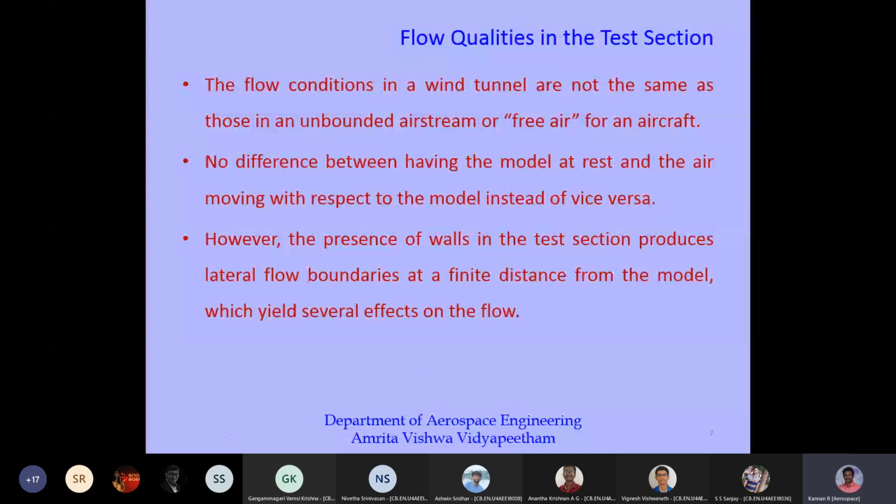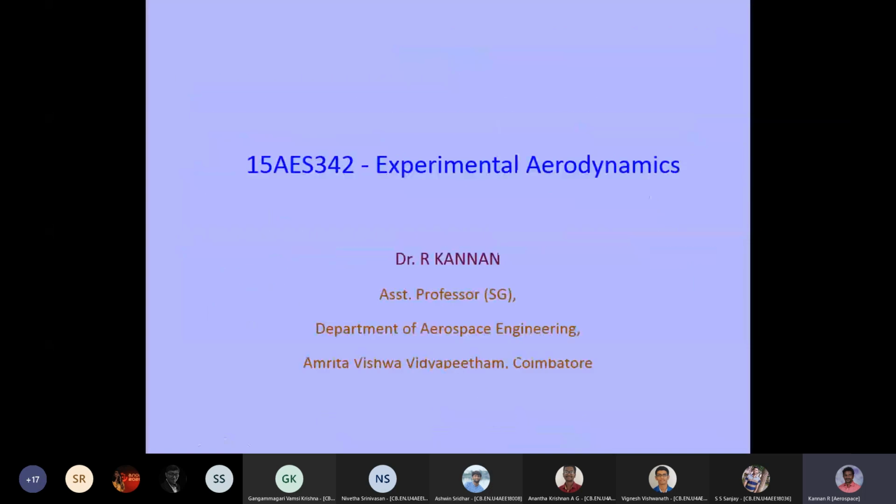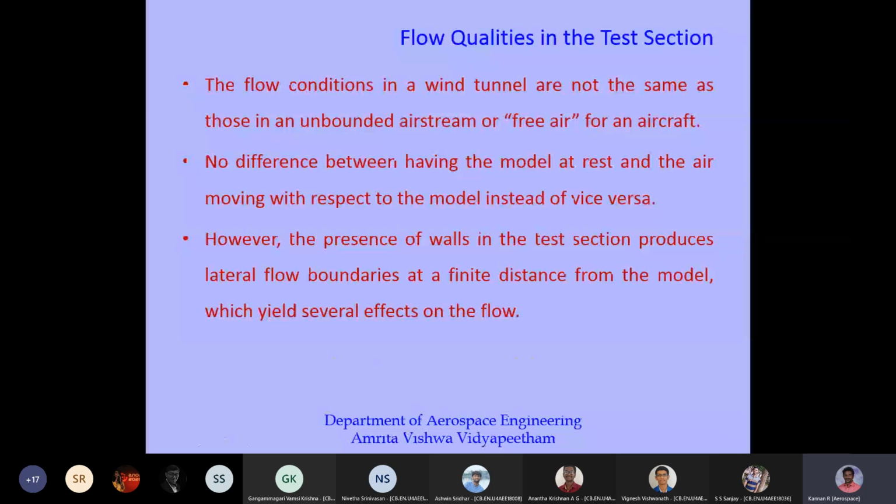So until now, we looked at how a settling chamber, how the honeycomb section is going to be there. Where are you going to place your wire mesh screen? And because of the wire mesh screen, how is it going to be? Why do you want to place the wire mesh far away from the test section? Why do you want to keep it in the low velocity region?